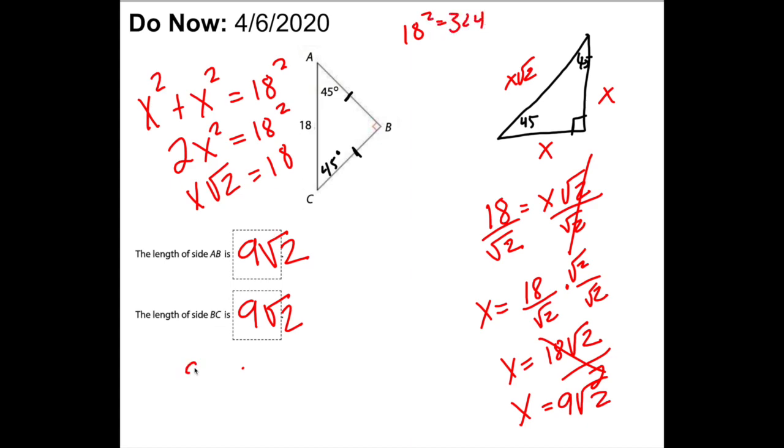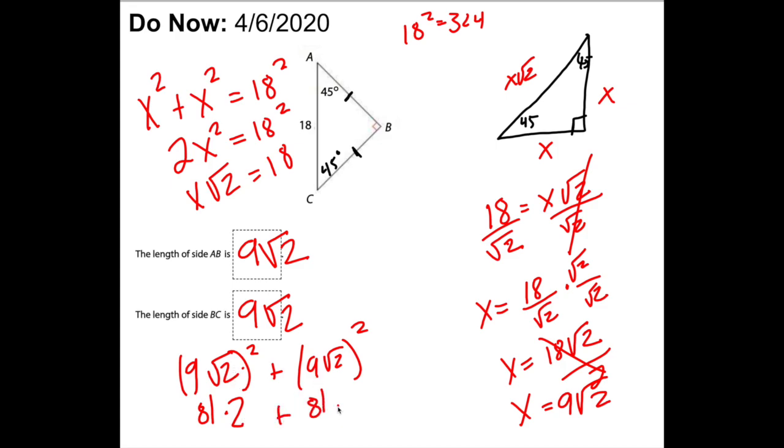So if I do 9 root 2 squared plus 9 root 2 squared, the 9 squared becomes 81, and the square root of 2 squared becomes 2. This becomes 81 times 2, and 81 times 2 is 162. So you get 162 plus 162, which is 324. So you know you've got it.